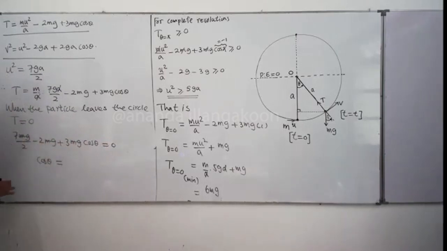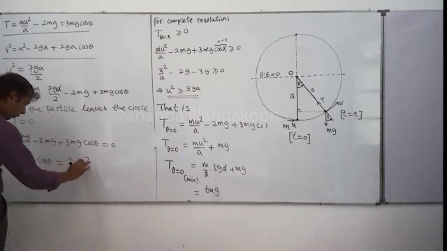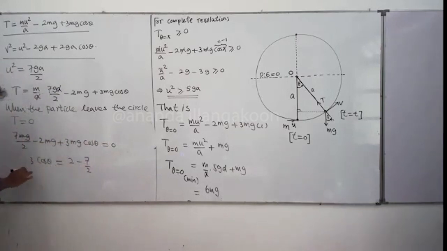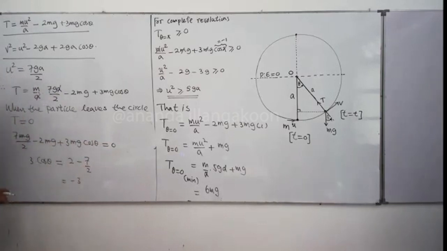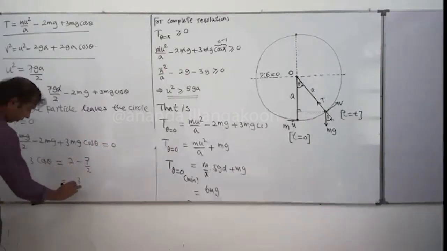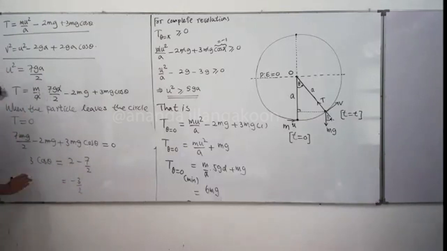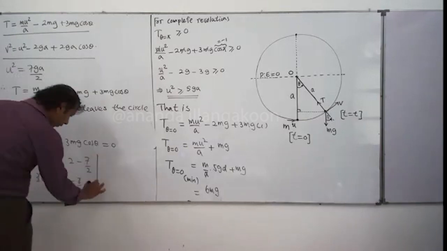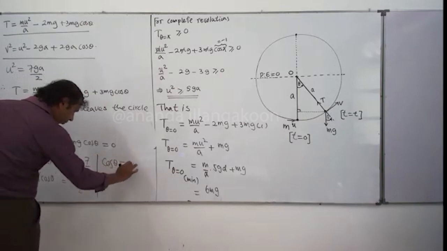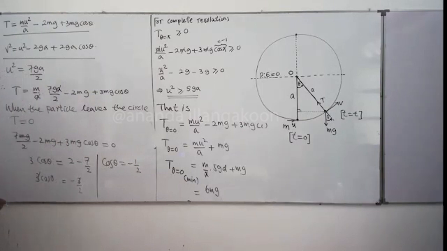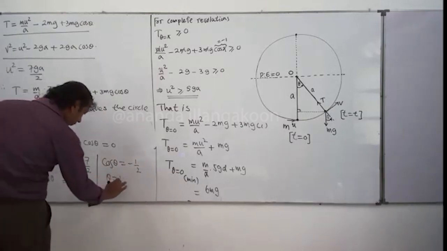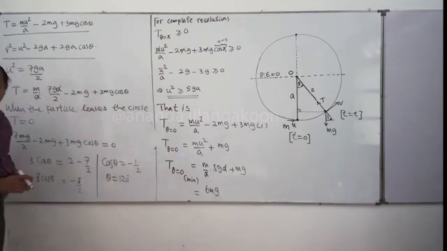In cos theta, taking the right hand side, 2 minus 7 by 2, here we get minus 3 by 2, no? Here 3 cos theta. 3 and 3 you can cancel down. That gives us cos theta equals minus half. When cos theta is minus half, theta equals 120. Theta is 120.